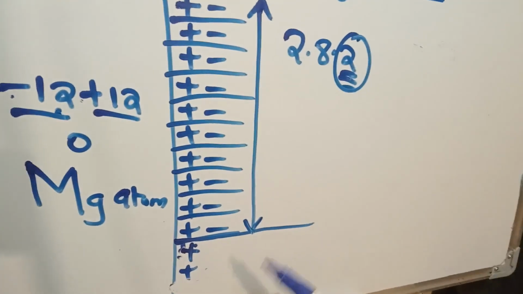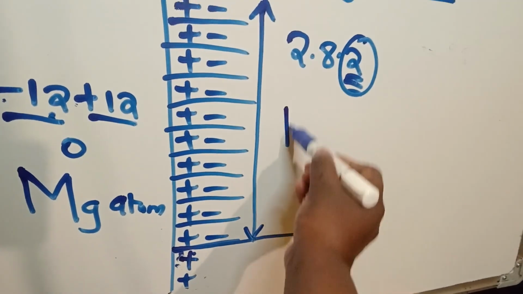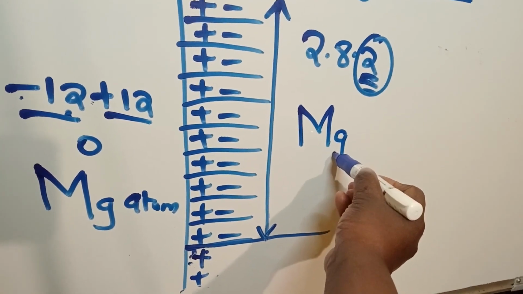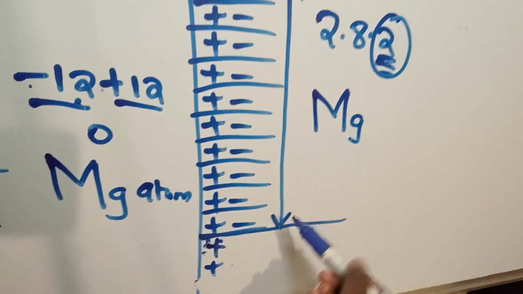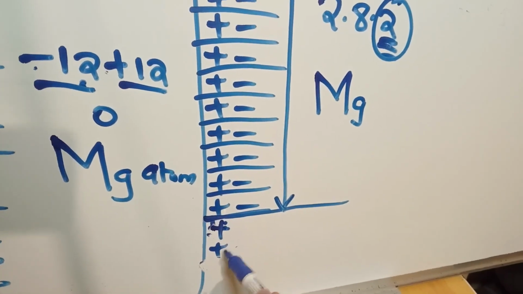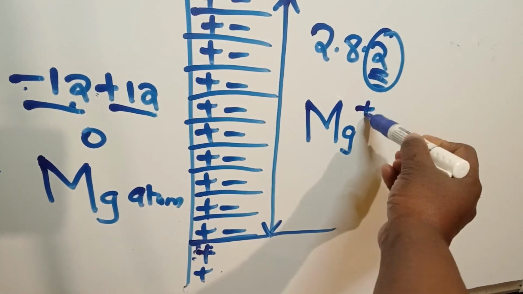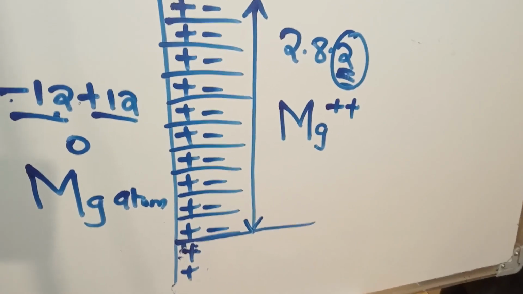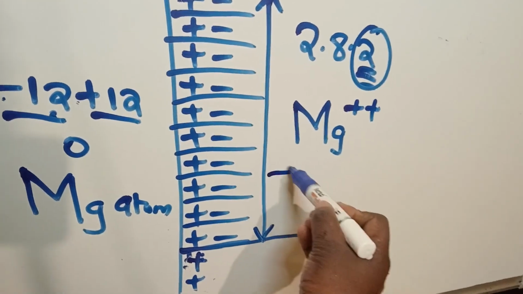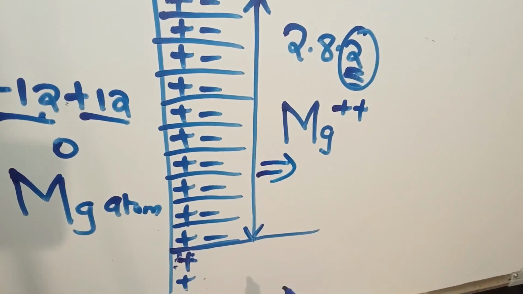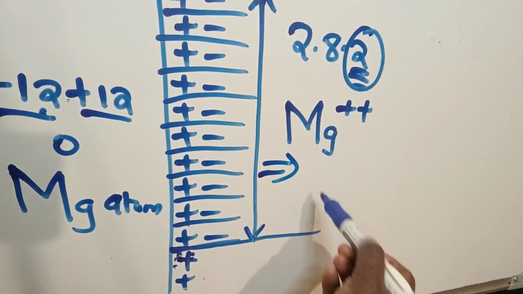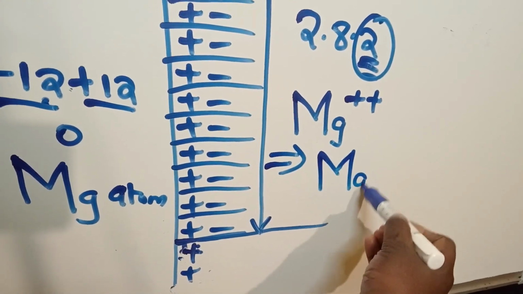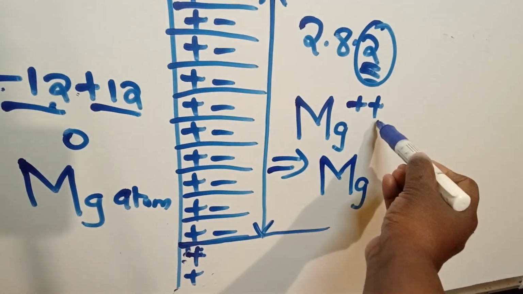So when we are writing the formula of magnesium ion, we will write the symbol for magnesium and then write these 2 positives on the top, like that. And then to write the final symbol for magnesium ion, we will indicate capital M, and then we add these 2.